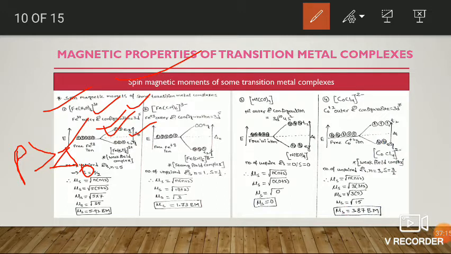So the electronic configuration of the complex is T2G3 EG2. So the number of unpaired electrons is 5. All the 5 orbitals contain a single electron as in the case of the free metal ion. So the number of unpaired electrons is 5.